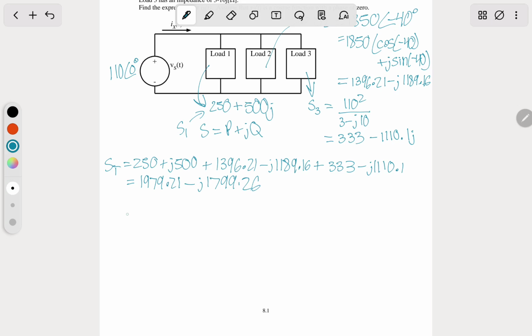We then divide the total complex power by the voltage in order to get the RMS current.